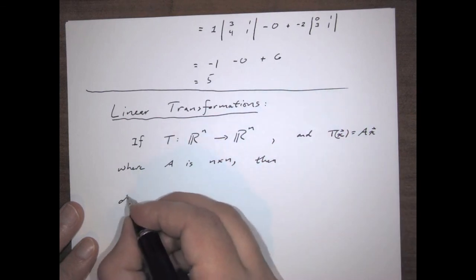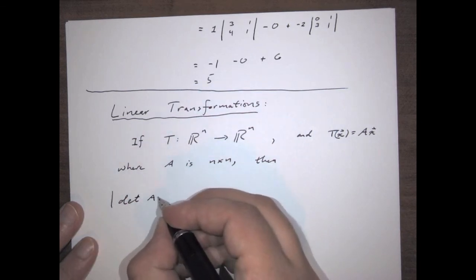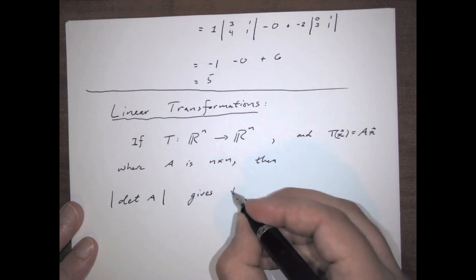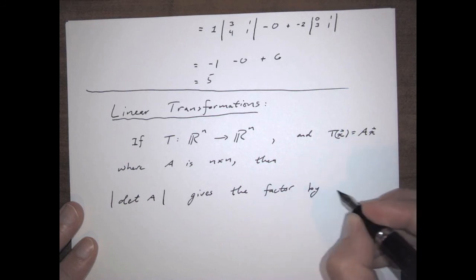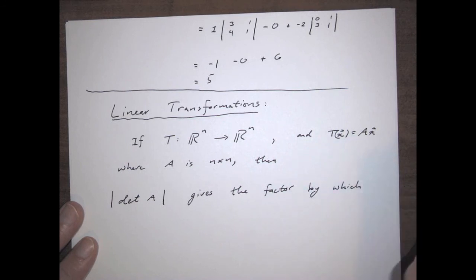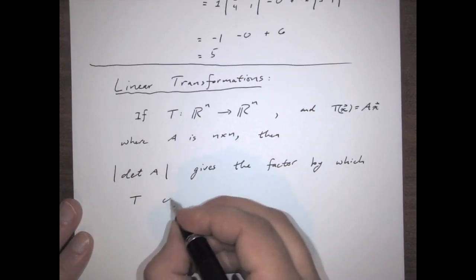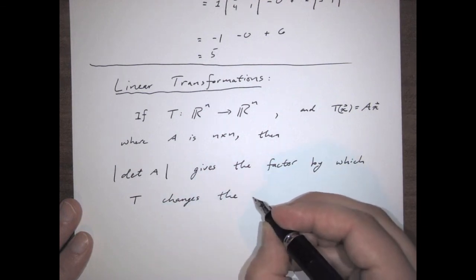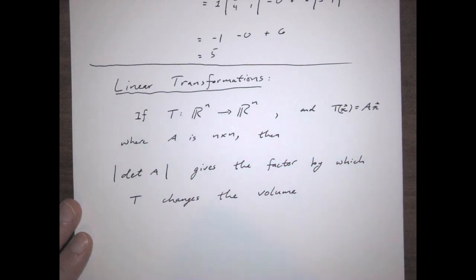Well, the absolute value of the determinant of A gives the factor by which T changes the volume, and it might be a hypervolume depending on the number of dimensions.